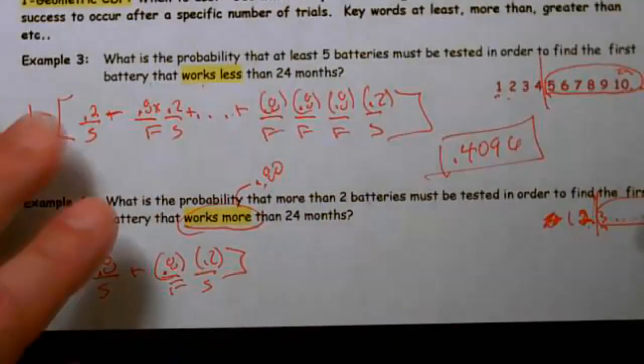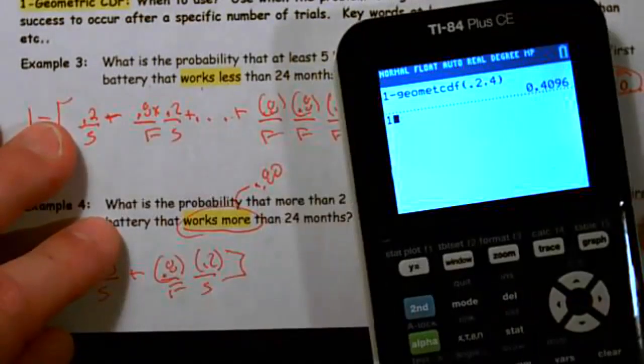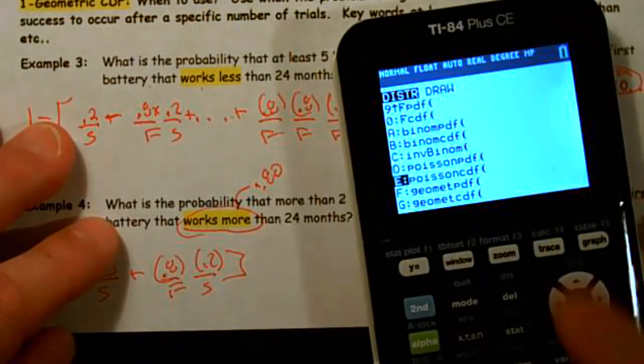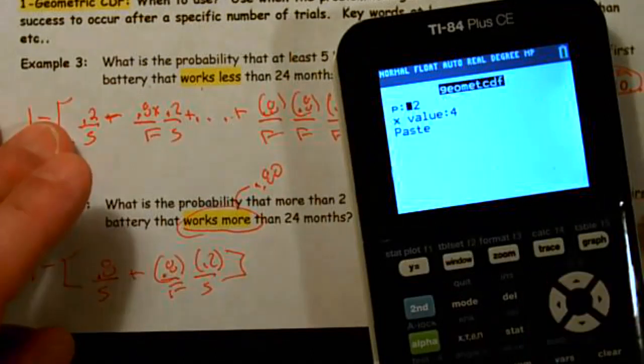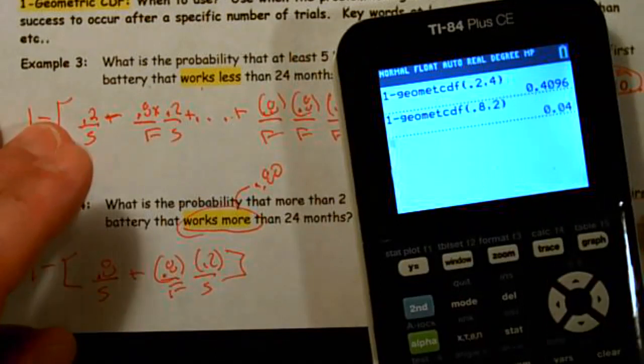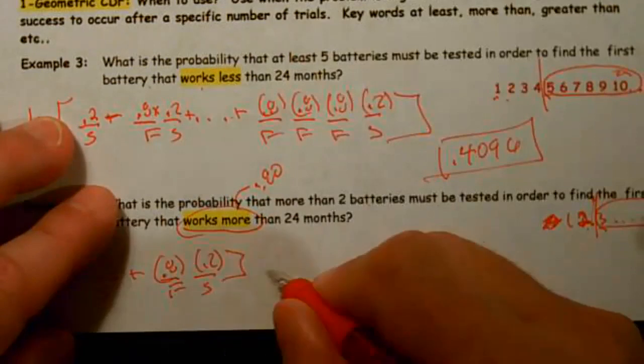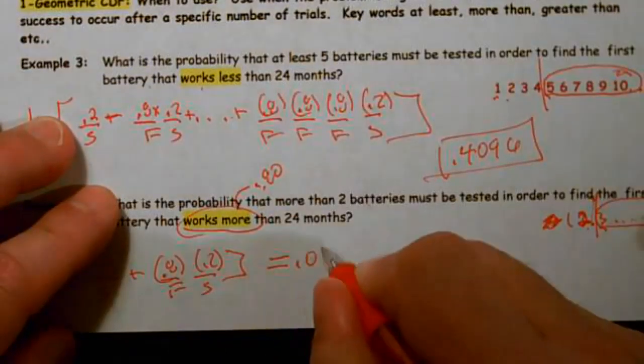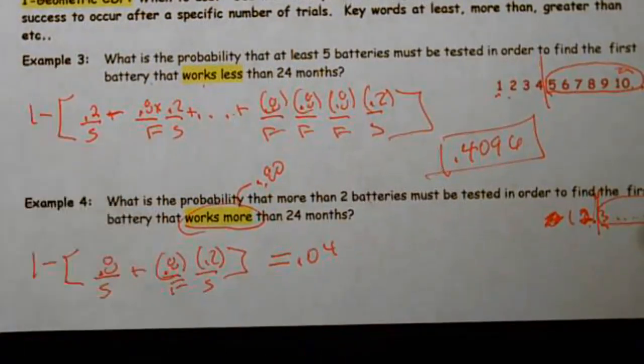Close brackets. I should have shown the 1 minus. 1 minus second vars, geometric CDF, 0.8, x value is 2, and you end up getting 0.04. Okay, that should close up on geometrics.